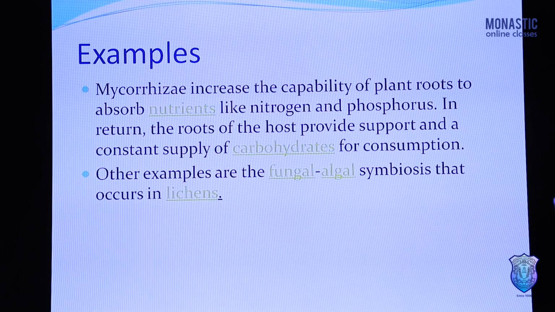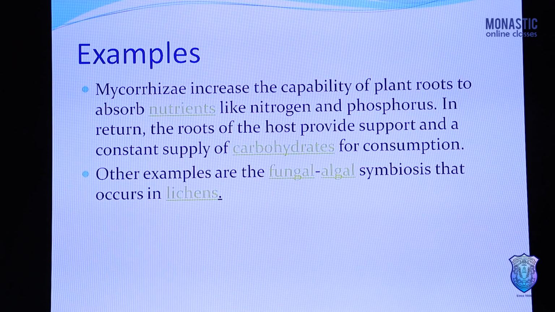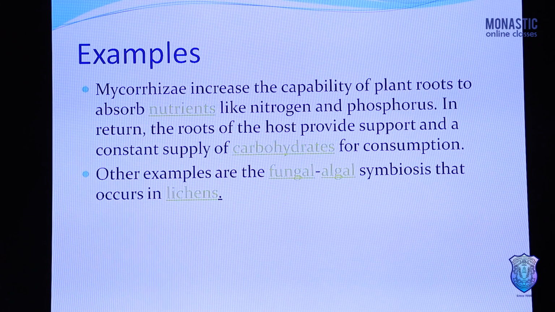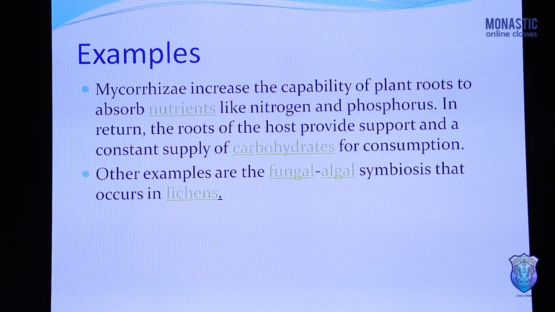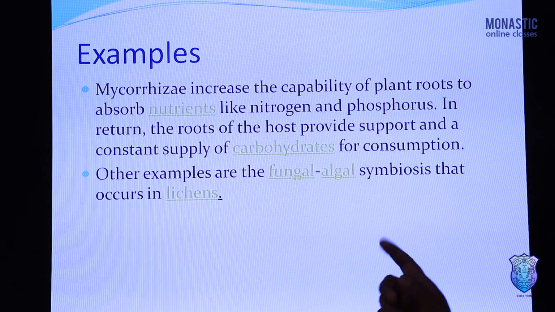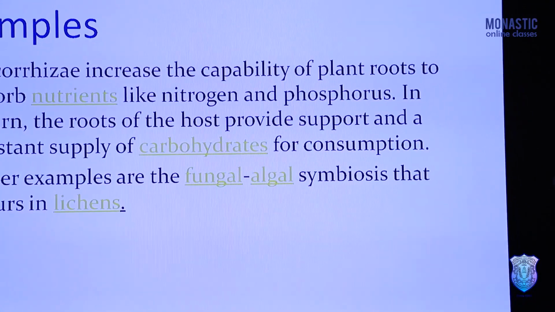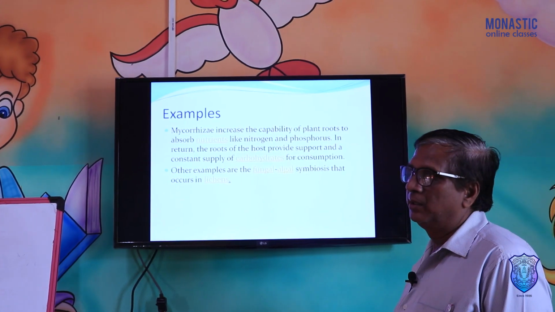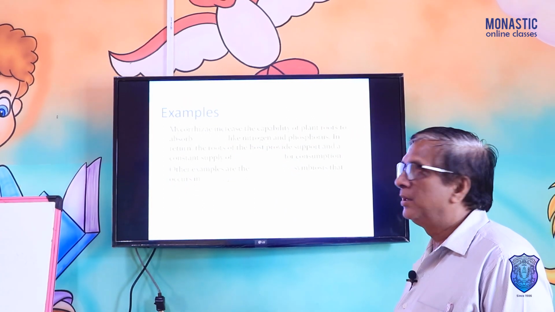Algae make food by photosynthesis for both algae and fungi, and fungi provide protection to the lichen's thallus and also help in the absorption of water and minerals from the soil. These are examples of mutualism in which both partners are benefited, and if one partner is removed, the survival of the other becomes very difficult.